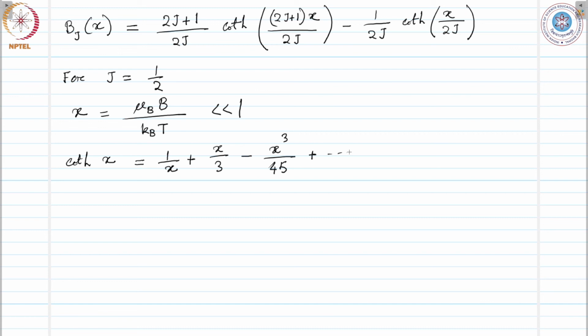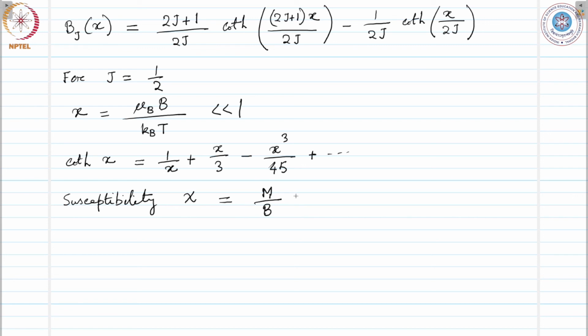Now, the susceptibility, which is expressed as chi, is nothing but the magnetization over the external magnetic field.